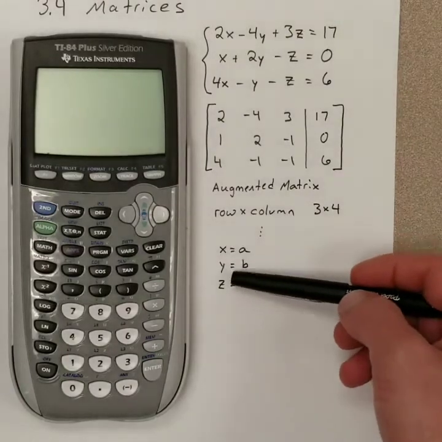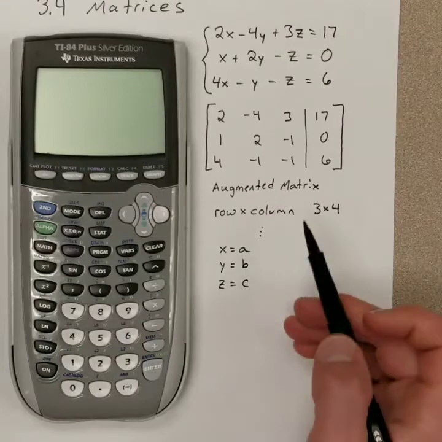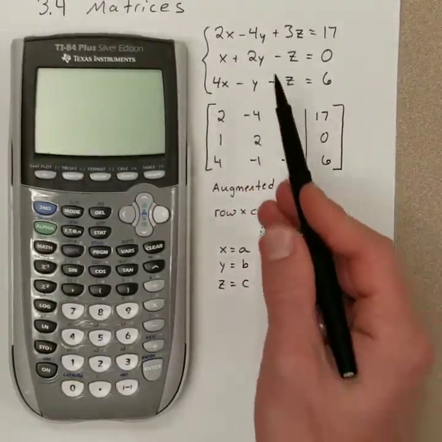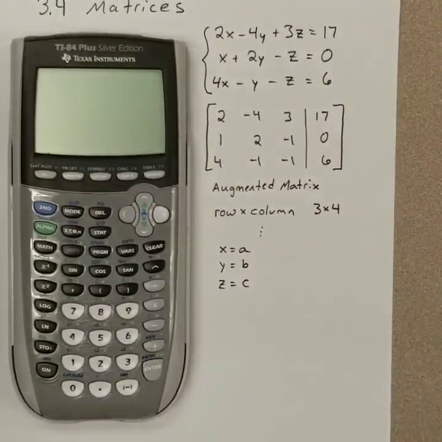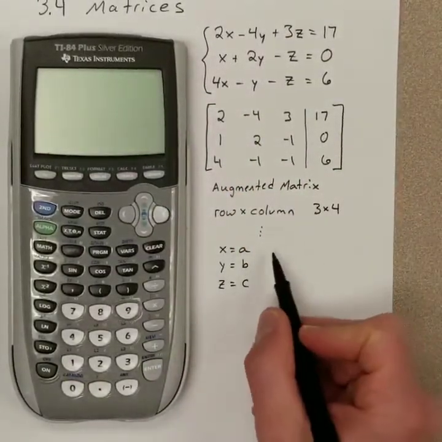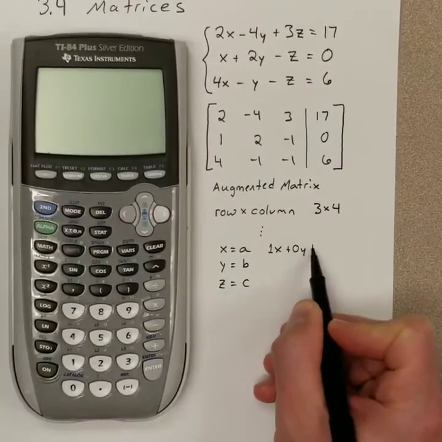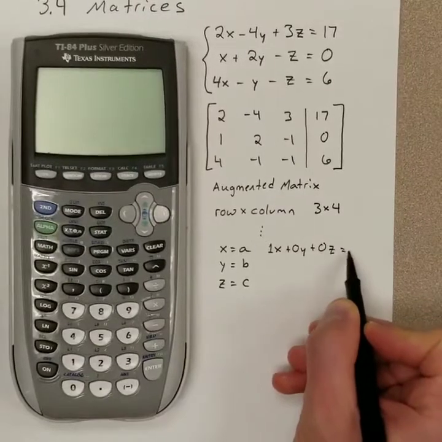But if you look at these three equations, x equals a, y equals b, and z equals c, they're equivalent to a system with 3 variables where a bunch of the coefficients are 0 and 1. If you think about it this way, x equals a is the same as 1x plus 0y plus 0z equals a.